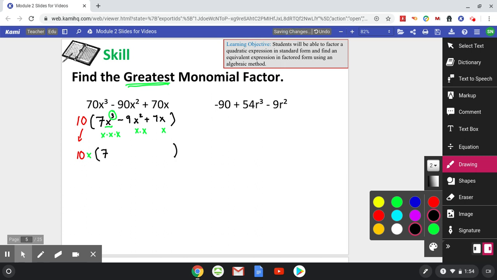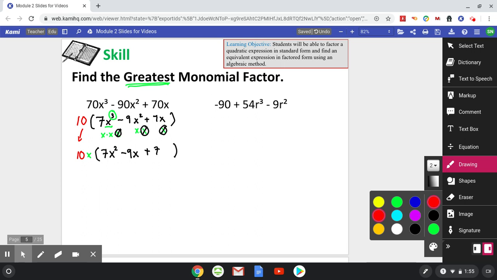Since we factored out 1x, it's the same thing as crossing that one out, and that would leave us with x times x, which becomes x squared. On the next problem, we factor 1 out, and we bring down the negative 9, and we have only 1x left. On the last one, we factored that 1x, so all we are left with is 7, and this would solve this problem.